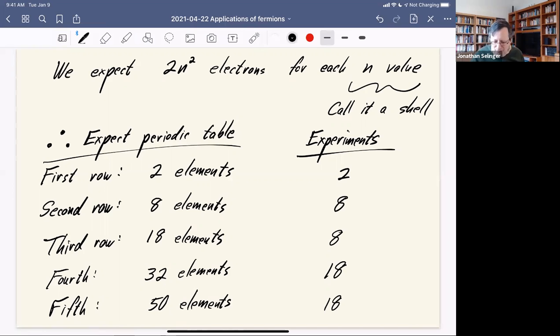So theory sort of partly works. It doesn't completely work, okay? So we could say, is this good news or bad news? Well, in the first place, it just depends on your standards, right? I mean, if it were me, if I could predict the first 2 rows of the periodic table, I don't know, I'd be pretty happy.